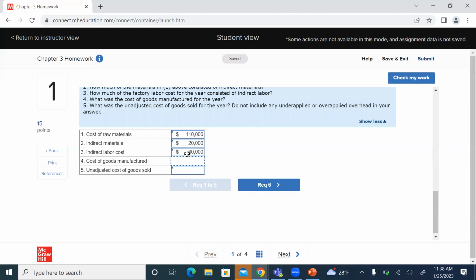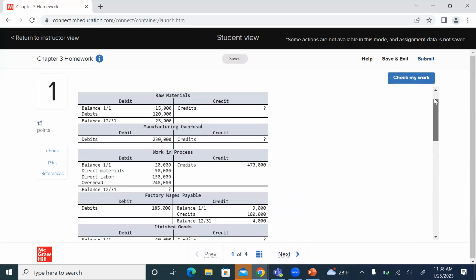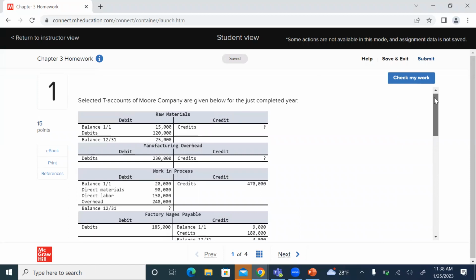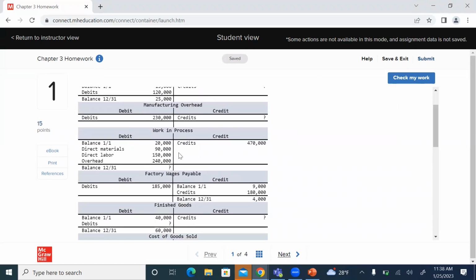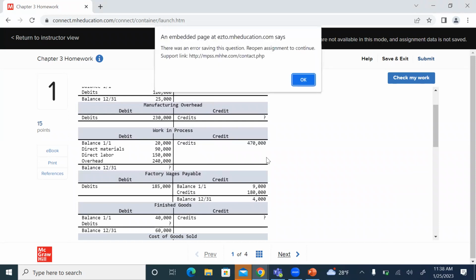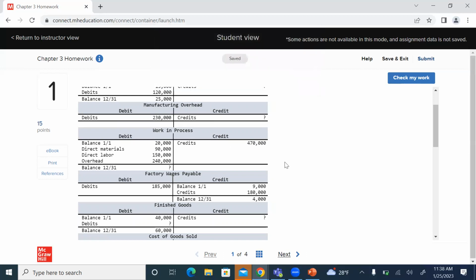Okay, so how do we figure out the cost of goods manufactured for the year? Let's look at the work in process account. We have all of these debits, and we only credit it once it's completed, right? Wouldn't we see that our 470 would be our cost of goods manufactured?